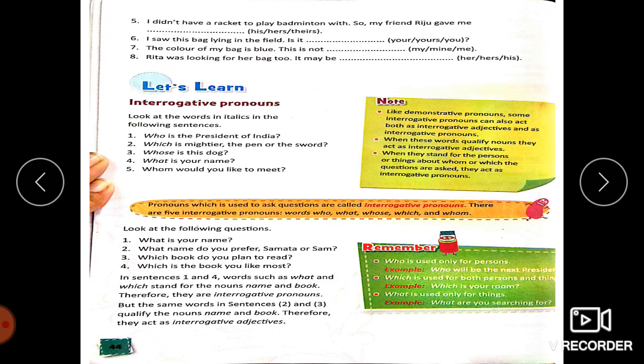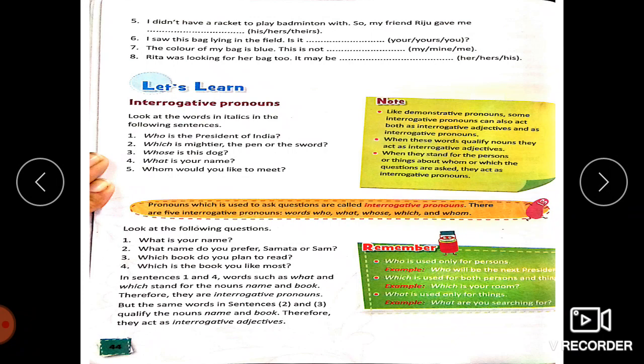Like in a possessive adjective, I told you that the noun is often, in fact in most cases, placed right after the word of possession. Similarly, in an interrogative adjective also, the noun is placed right after the word of interrogation, because the word of interrogation qualifies the noun and therefore it is called an interrogative adjective.